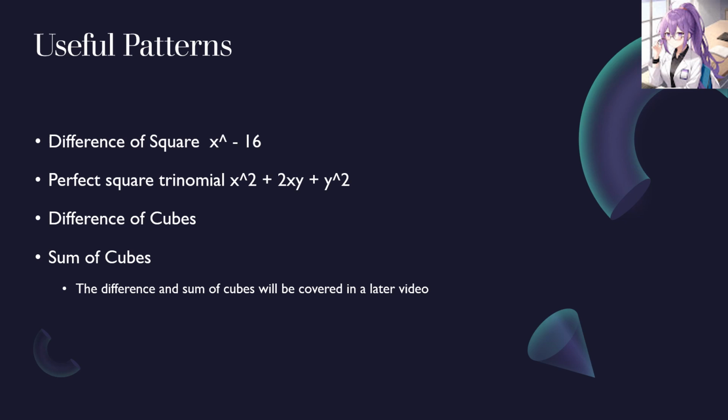The difference of squares is simply one square minus another square, so x squared minus 16 will factor to x plus 4, x minus 4. The perfect square trinomial, x squared plus 2xy plus y squared, will factor to x plus y, the quantity squared.